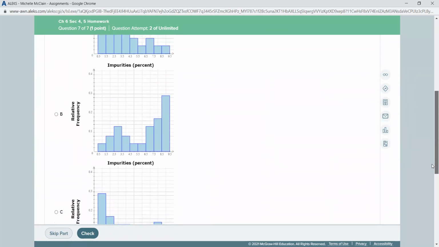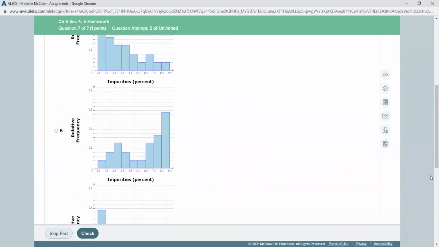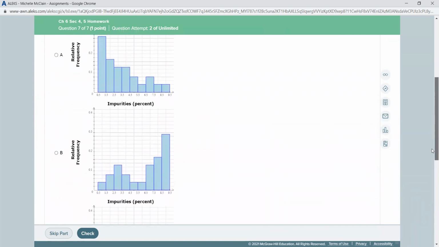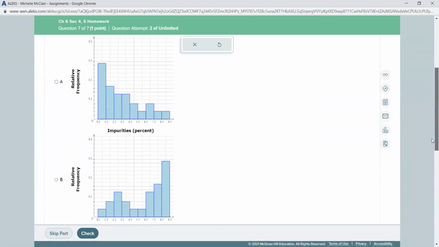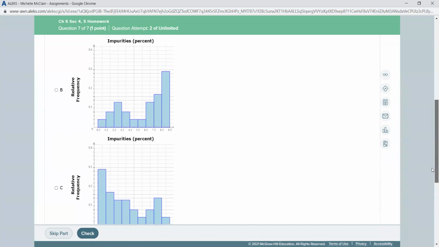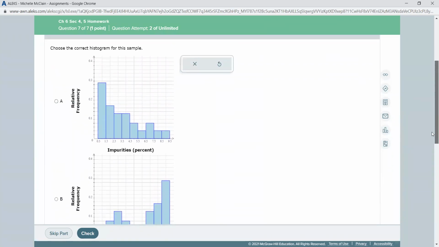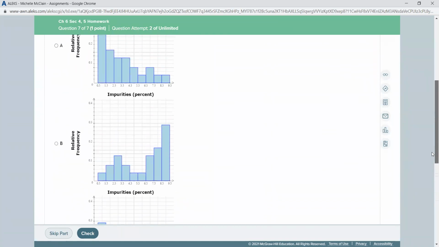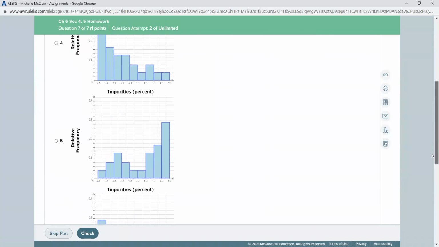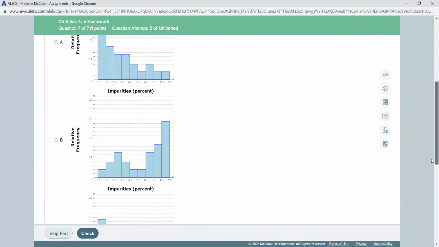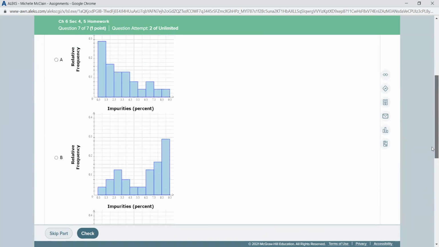Okay, so let's look at the differences between A and C. Looks like there's not much difference. So it looks like that 5.5 to 6.5. Yep, so it looks like at the end, more so 7.5 to 8.5.